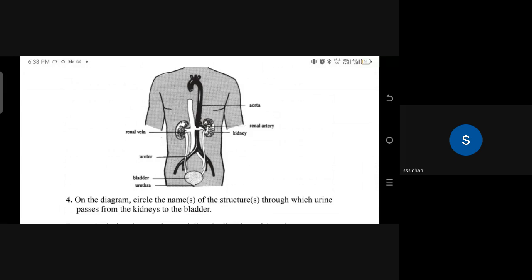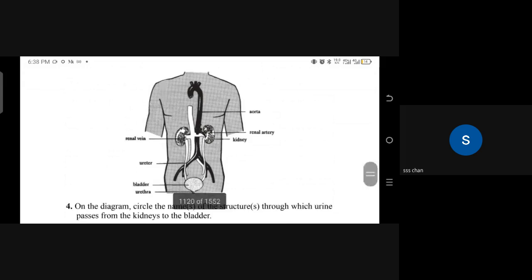The part through which urine passes from the kidney is the ureter.